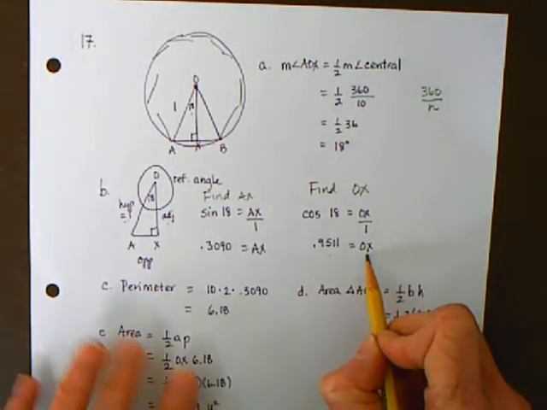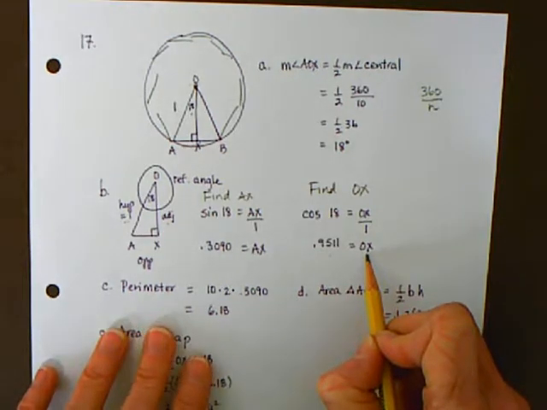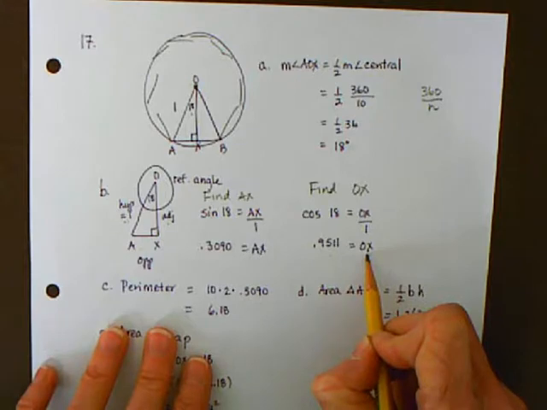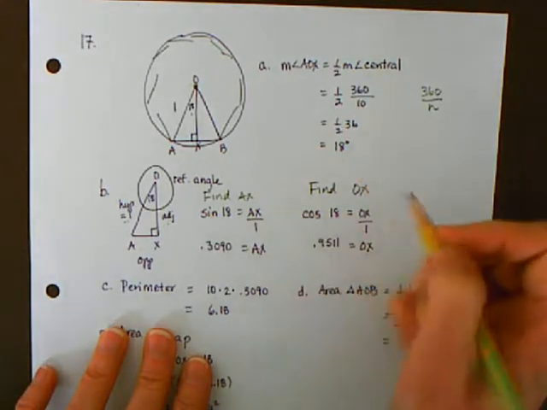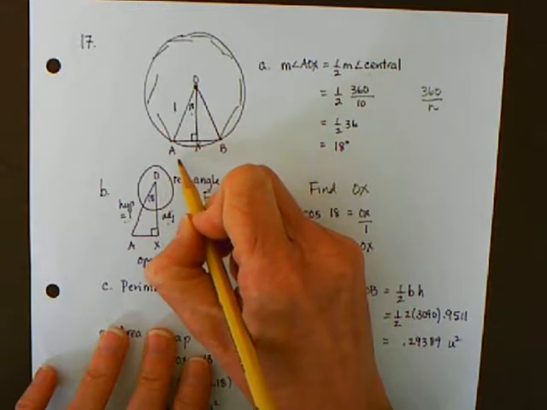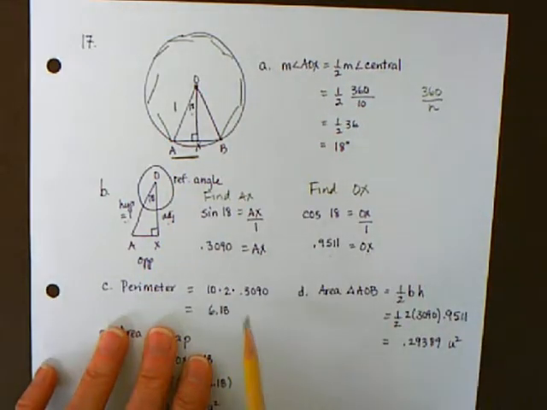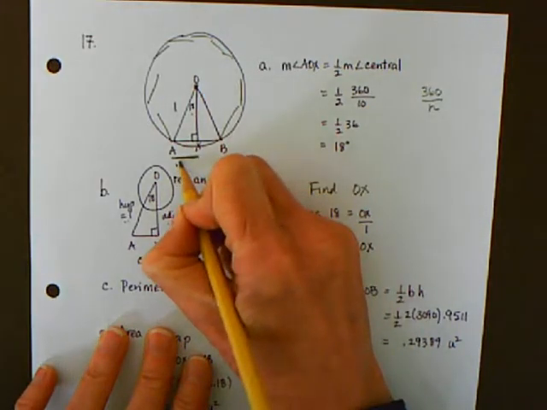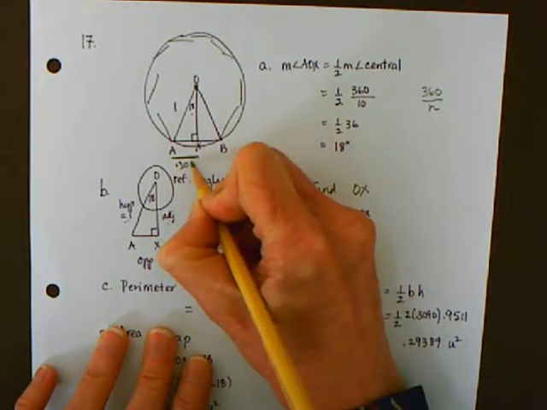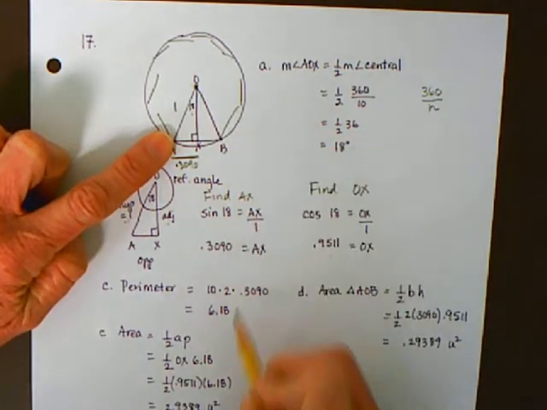Now, I need to find out the perimeter. So I know that AX, that's this distance here, that's 0.3090. So the side length of AB is twice that.